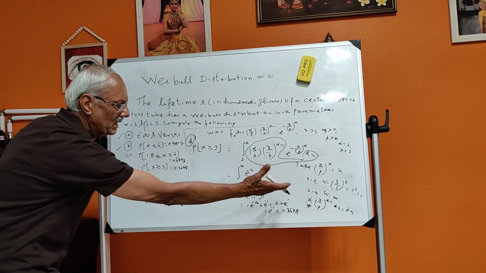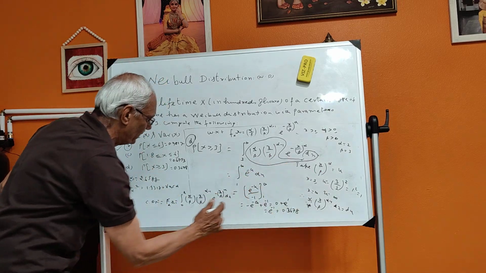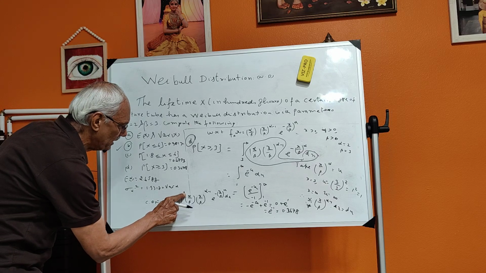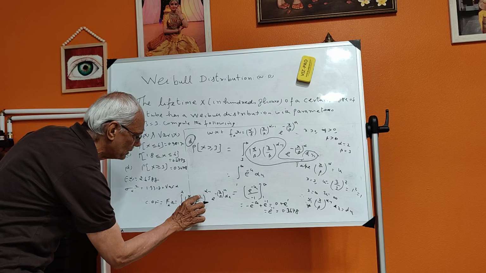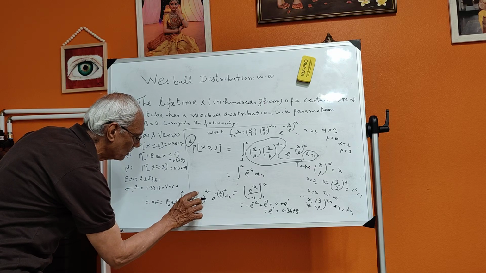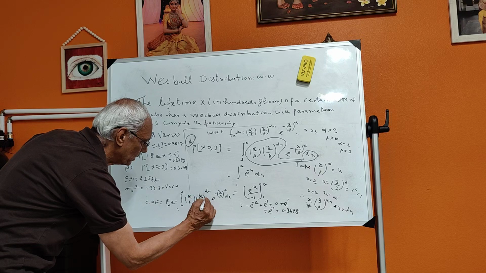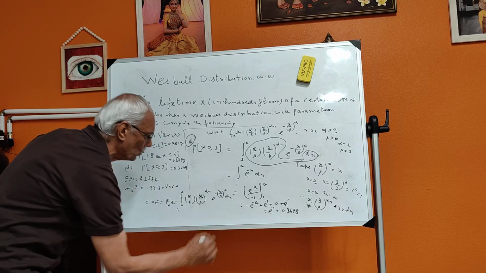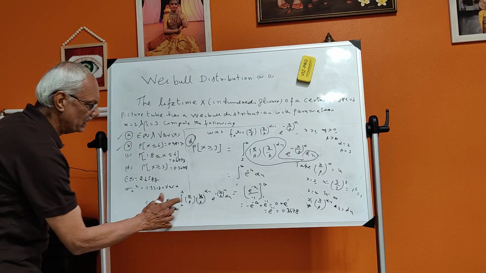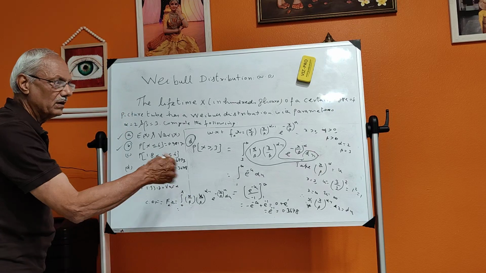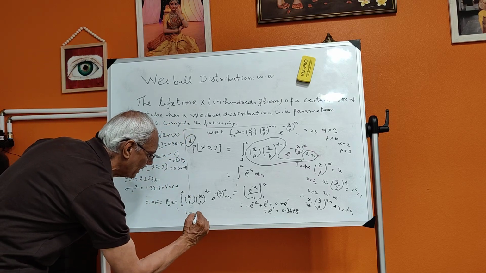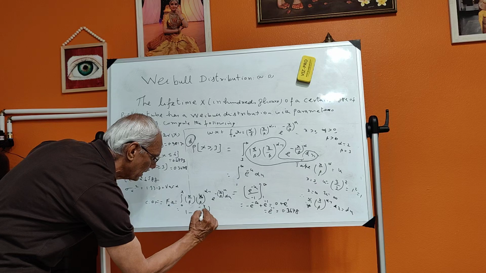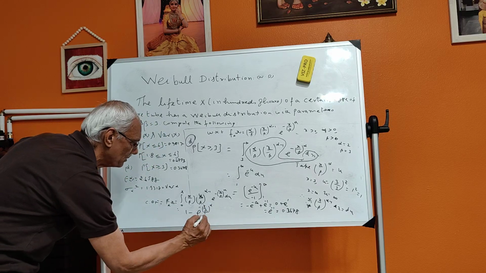When you simplify this as we have done here, taking the value to be u, since it is an arbitrary variable, and go for the same method, you will get 1 minus e to the power of minus x by beta to the power of alpha. So this is the cumulative distribution function.